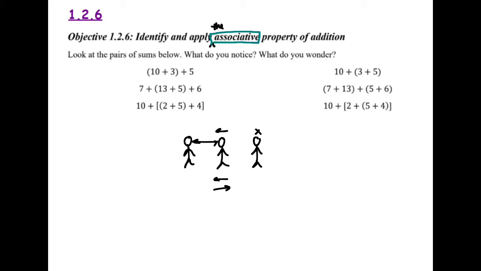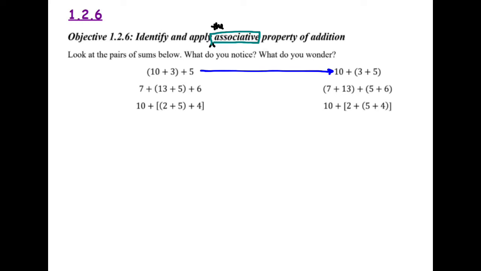So using this kind of concept, we're going to look at these 2 pairs. I'm going to rewrite them on top of each other down below so you can see better, rather than comparing across your screen. The second one is 10 plus 3 plus 5.